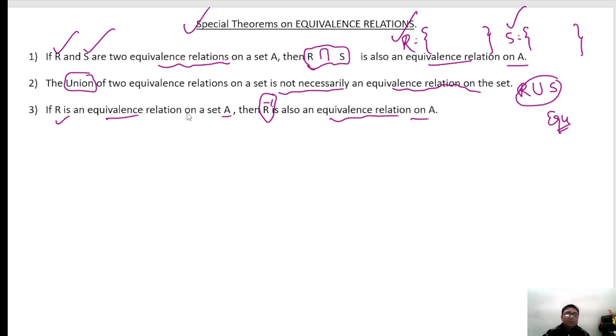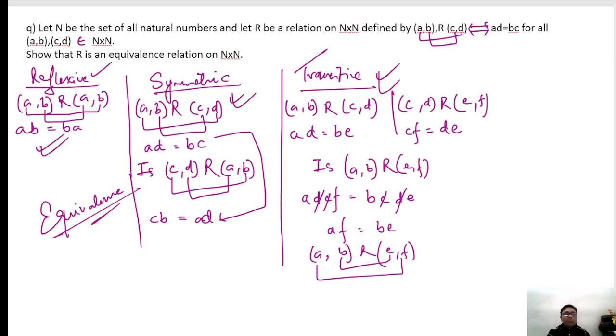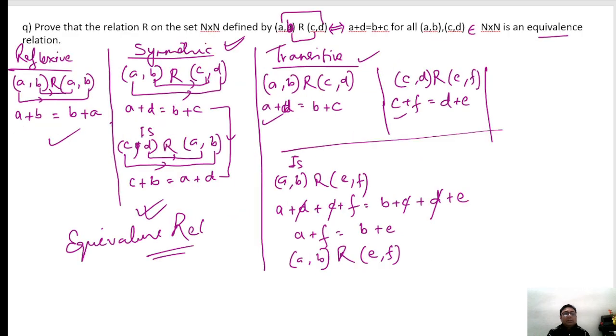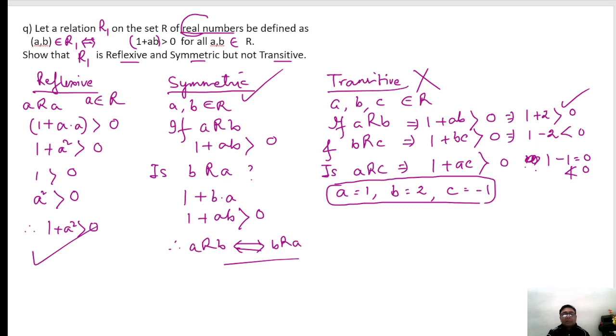So friends, with this we have covered the full relations chapter of class 12. What I would suggest, please go through each and every part of this carefully and slowly, so that you will be able to understand the full thing.